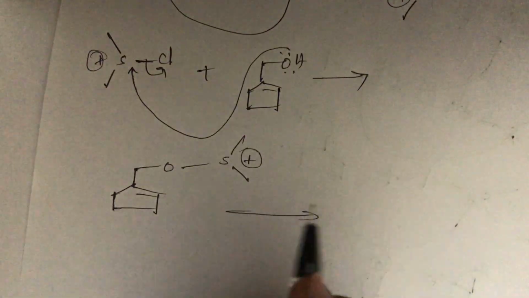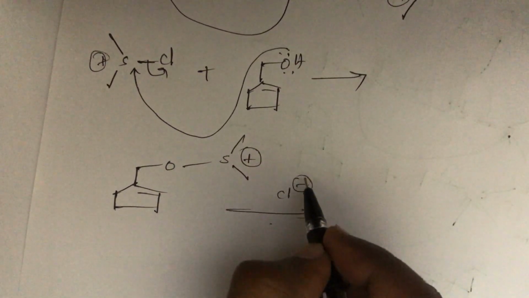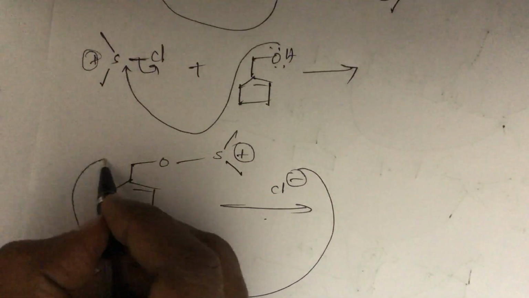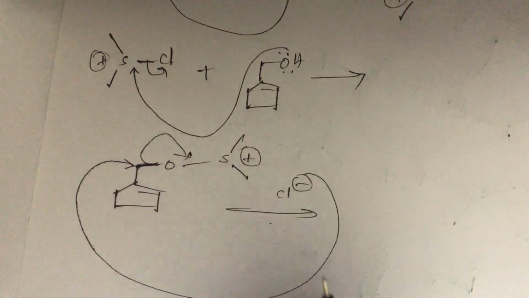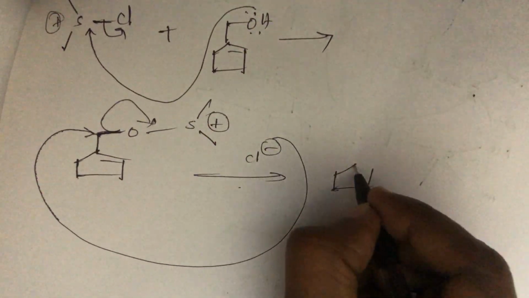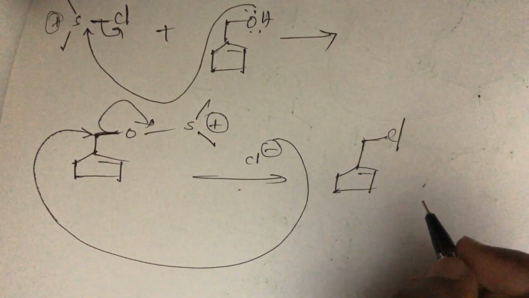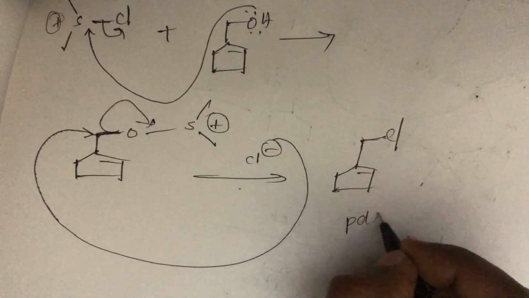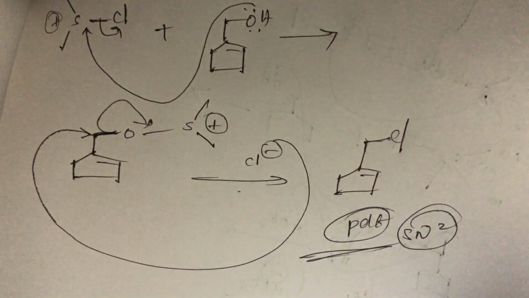So here we are not using base, right? So this chlorine minus ion attacks by SN2 pathway. So this bond will leave. So you will get chlorine, right? This is for what? Our product. It should follow the SN2 mechanism.